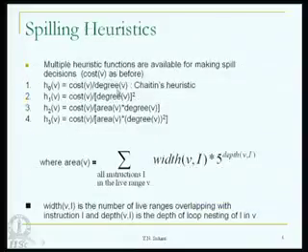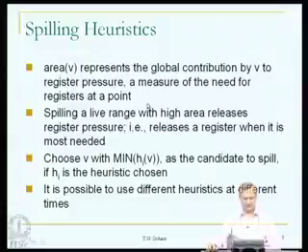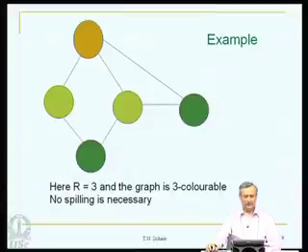There are many spilling heuristics, some of them use this area, which represents the global contribution by the live range to the register pressure, and it is possible to use many heuristics at different points of time. Here is a very simple example which shows how a graph which is 3 colorable can be colored without spilling.